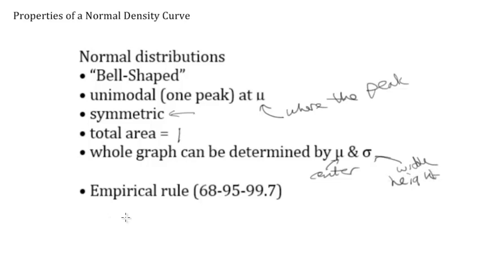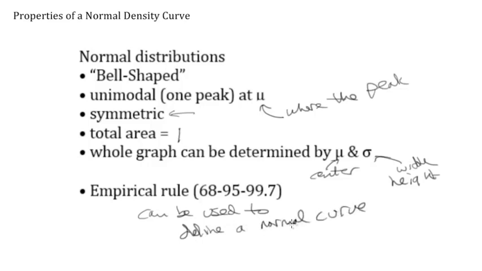And then there's one last thing on here. I have skipped the empirical rule this quarter, so I'm only mentioning it if you've run into it before. If you know the empirical rule, this can be used to define a normal curve.